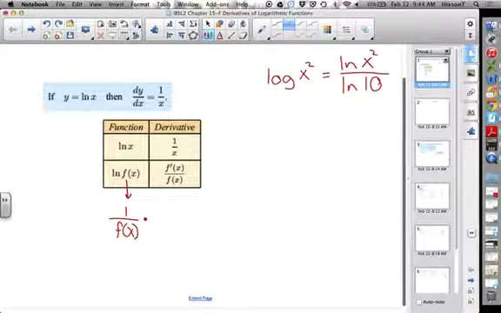The inner function here is f of x. So we're going to multiply by f prime of x. That's how we get here. Okay? So I know it may have been a jump to get there without seeing that middle step, but hopefully that clarifies it a little bit for you.